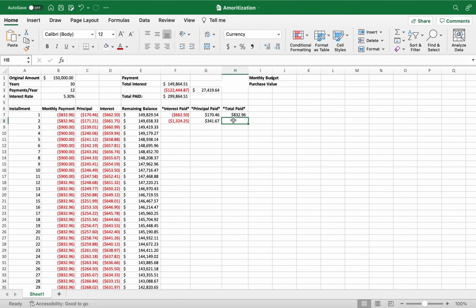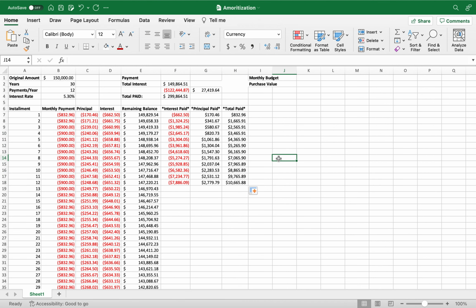And then this one can just pull down. I'm just going to pull this down to the first 12 payments. It can be interesting to note that this first year you're paying a full cumulative value of just shy of $7,900 of interest, $2,700 of principal, and a total of $10,000.